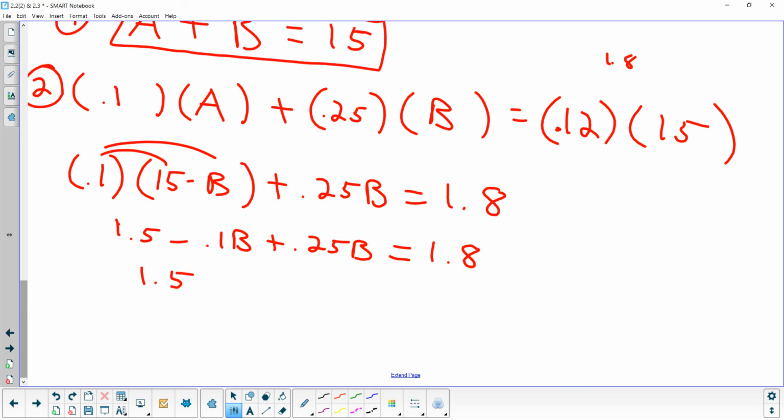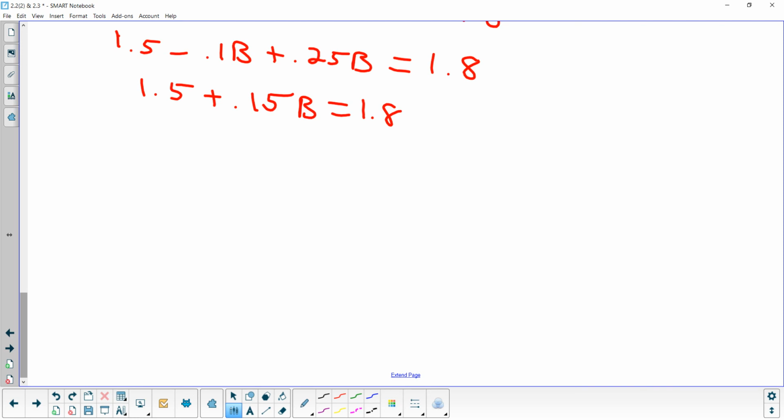So we have 1.5 plus 0.15B equals 1.8. We can bring the 1.5 to the other side. What's 1.8 minus 1.5? Tyler? 0.3. Yep, 0.3. And my last step, divide each side by 0.15.